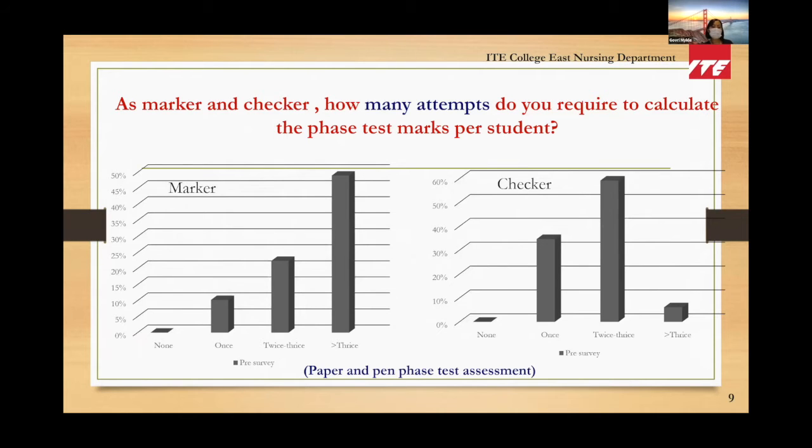From this graph, we can also see that most checkers and markers attempt to calculate the assessment scripts at least 2 to 3 times, meaning they go through the papers to recheck the marks or information more than once. Again, this is time consuming and sometimes very rushed, as the papers usually have to be returned to the class advisor on the same day as the assessment.